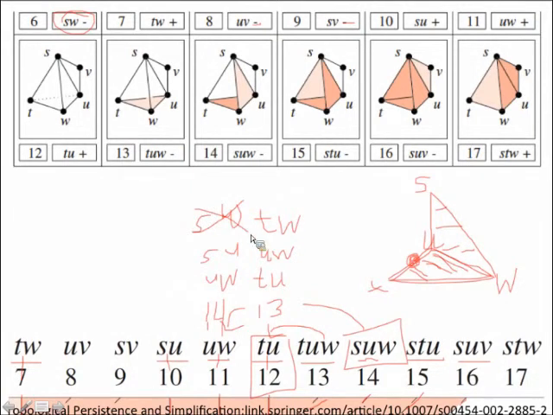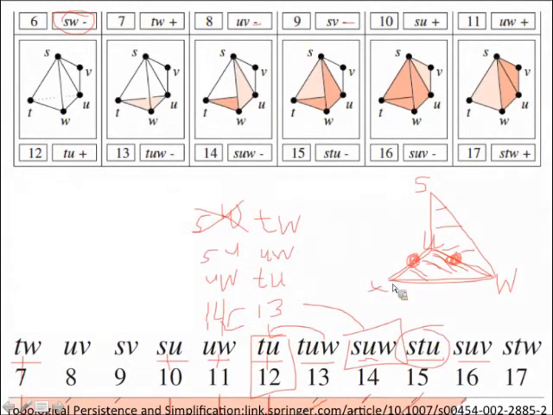I only want to cancel out potential generators. The generator I'm going to cancel out is UW, but it's nice to know that SU would have been another possibility. But we chose UW, and so now we're going to go ahead and say we've got this thing here as well.